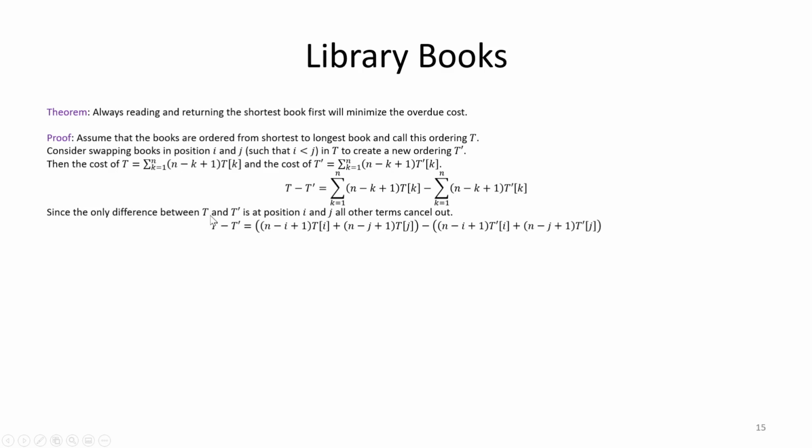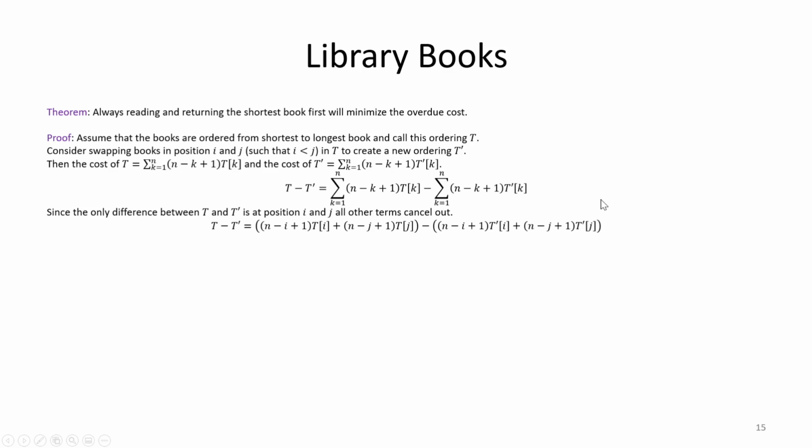Since the only difference between T and T prime is at positions I and J, all the other terms cancel out. So T minus T prime must be, let's make sure we're looking here, out of this sum, I pulled out I and J. Okay, so those are the ones that didn't cancel out and I left them there.